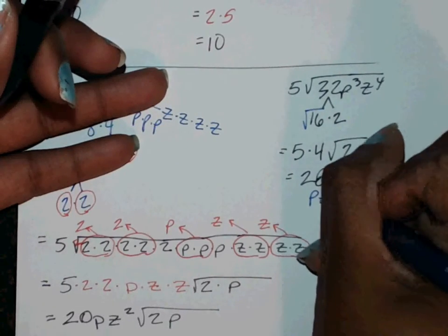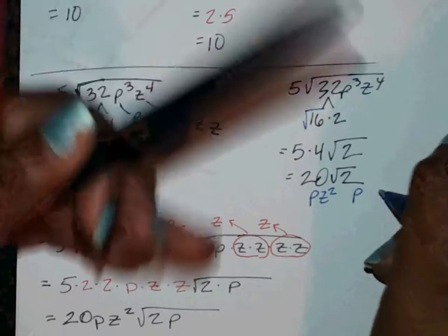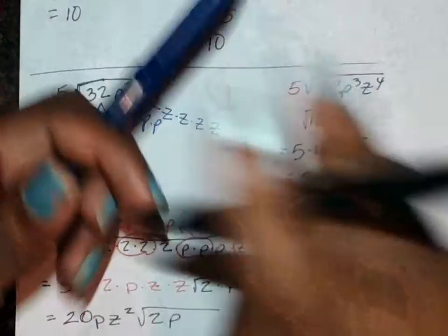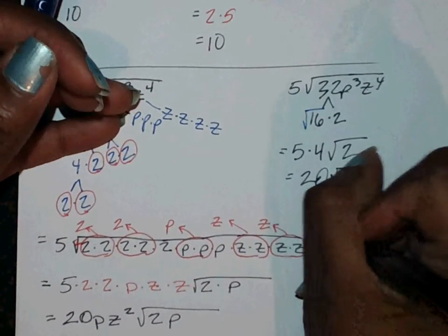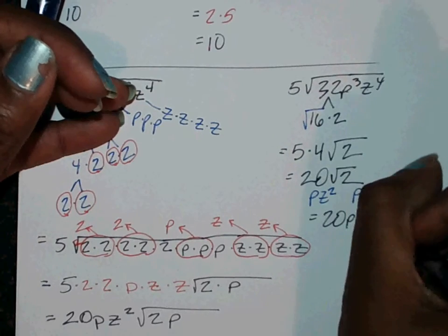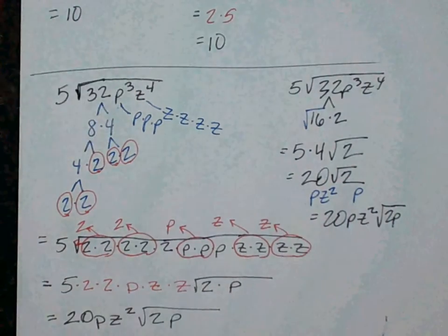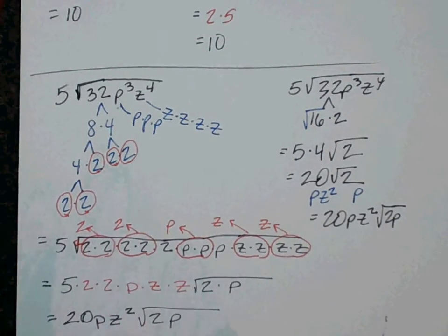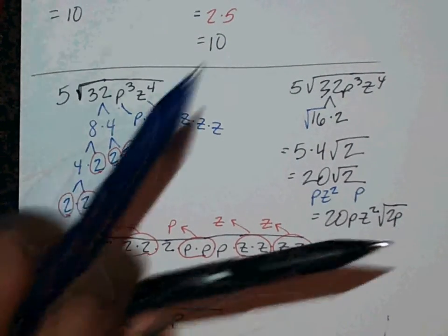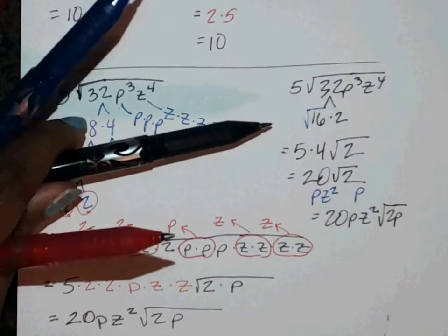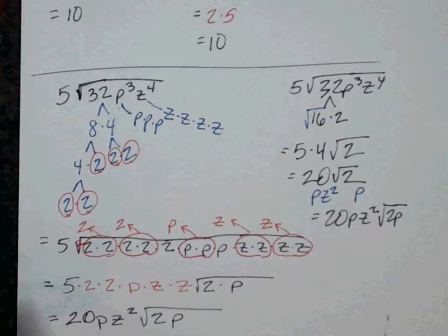So you have Z squared outside, and inside you don't have anything left over. You don't have any remainders. So your answer would be 20 P Z squared square root of 2P, which is what we got down here. If this confuses you, if you do not understand what I just said, ignore it and stick with this method.